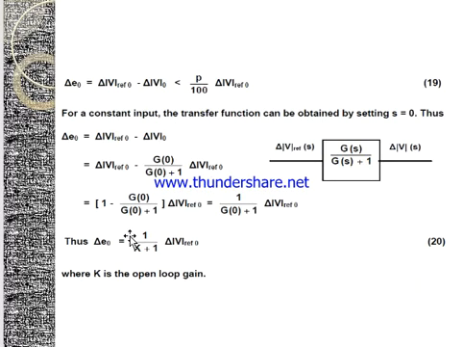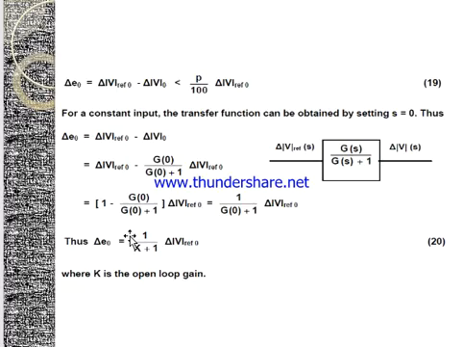So this is the equation of the error formation, and while substituting the values we will be getting the transfer function as G(s) divided by 1 plus G(s), which is nothing but the closed loop transfer function with the negative feedback.